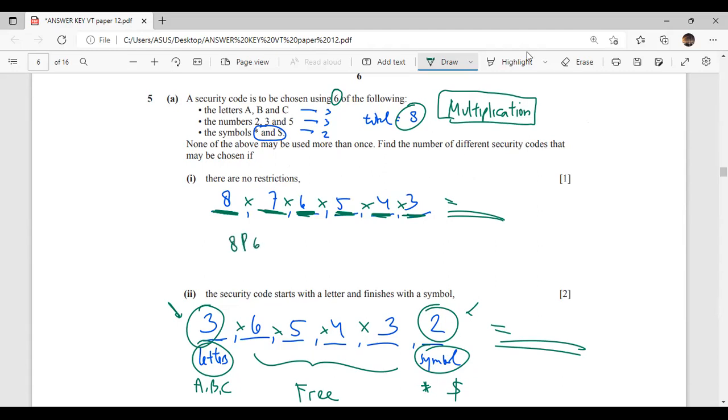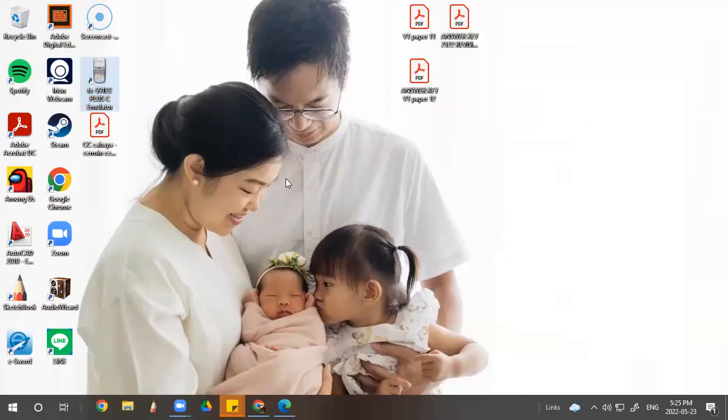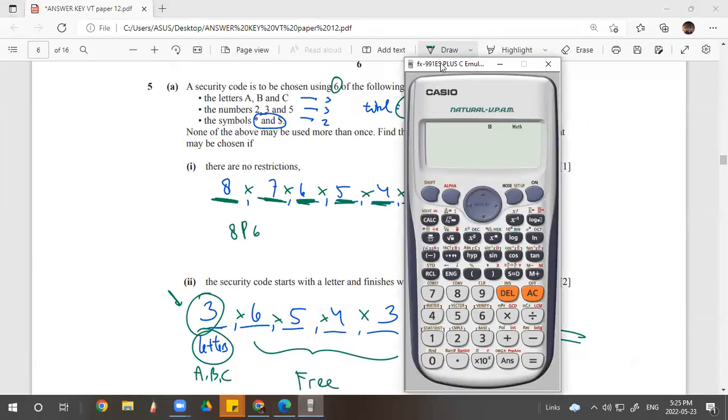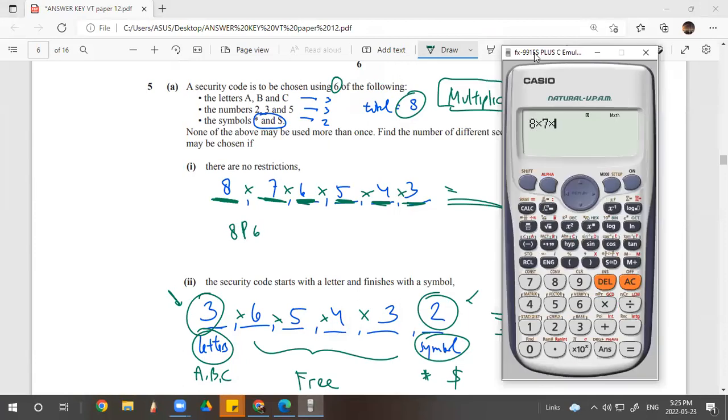I'm also curious about this. By the way, you give good questions, and let's try to solve. There you go. 8, 7, 6, 5, 4, 3. 20,160. And then 8P6. Oh, same. Nice. It's the same.